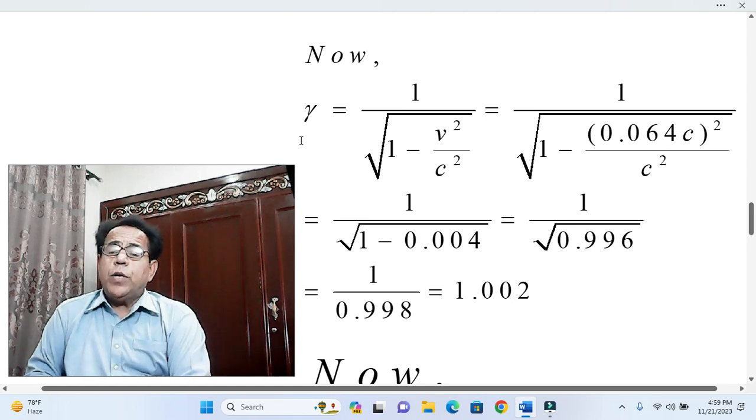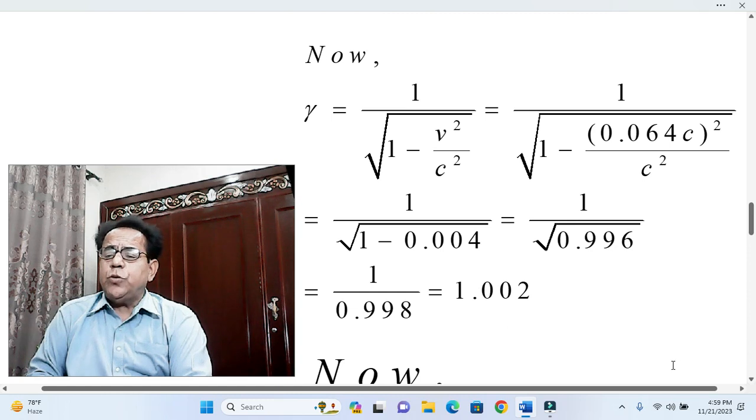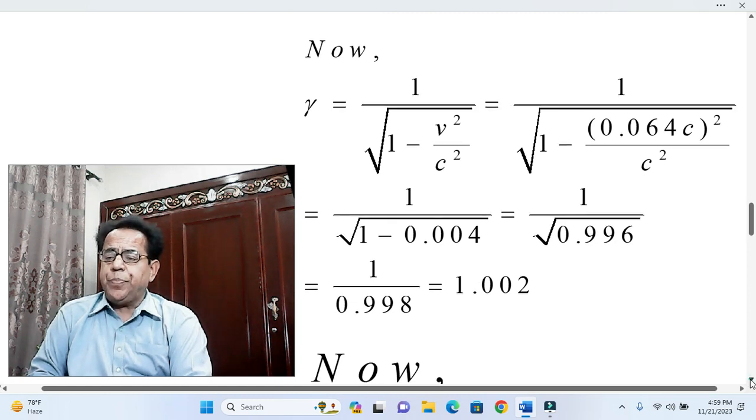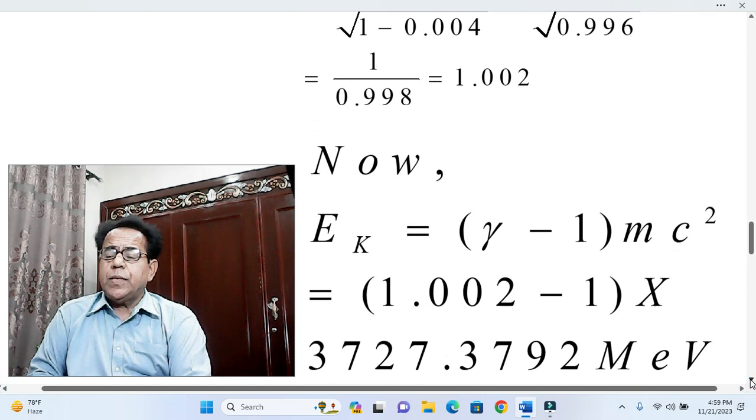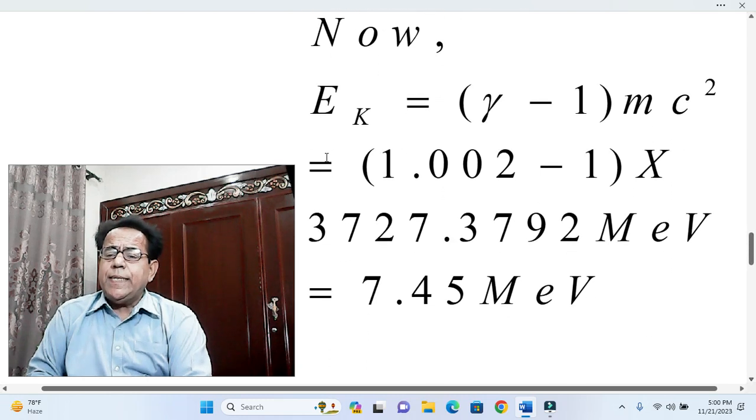So our Lorentz factor gamma has become equal to 1.002. Okay, now we know that relativistically kinetic energy is equal to gamma minus 1 mc square.